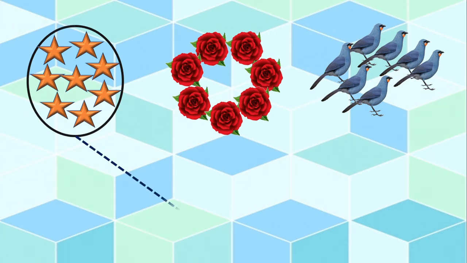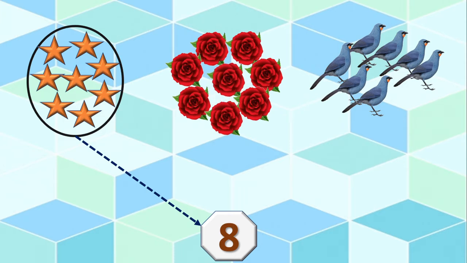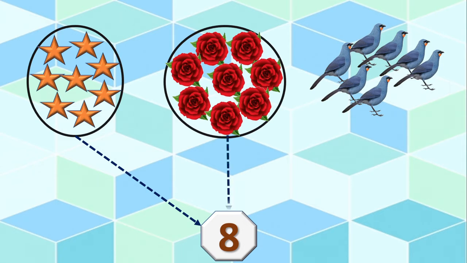So the number is 8. How many stars are there? 8 stars are there. Okay. Now here we can see 7 flowers. We are going to add one more. So we got 7 and 1 makes 8 flowers. Okay.